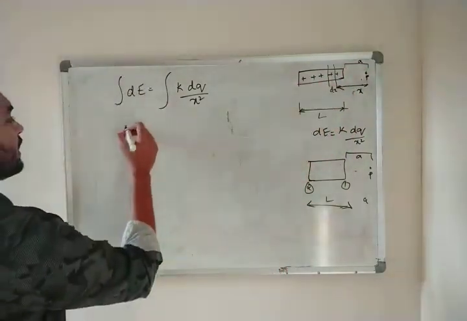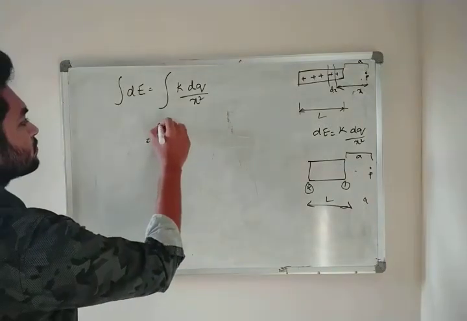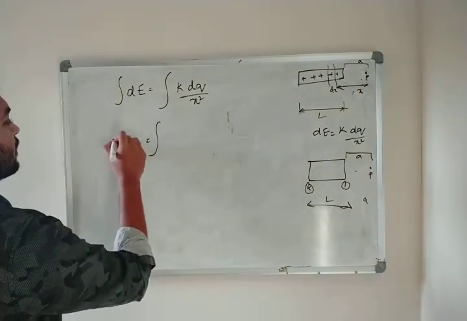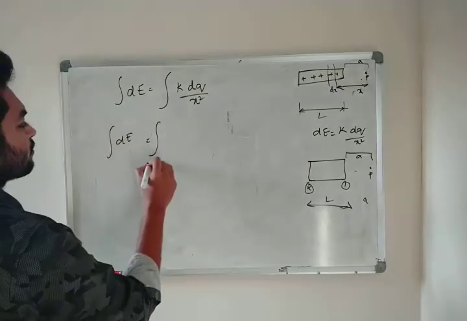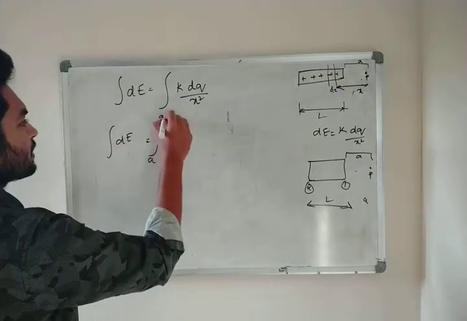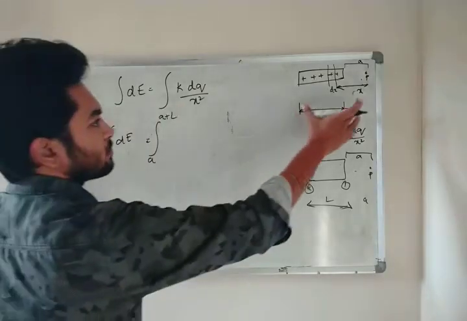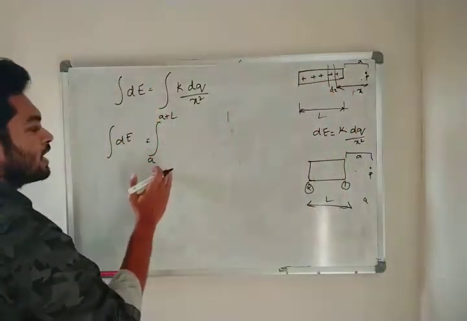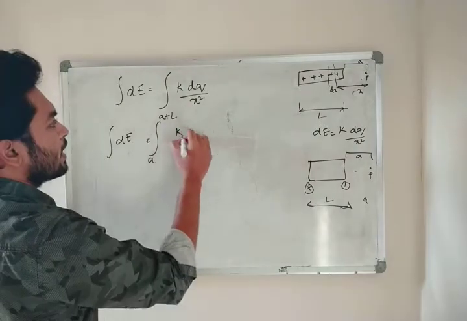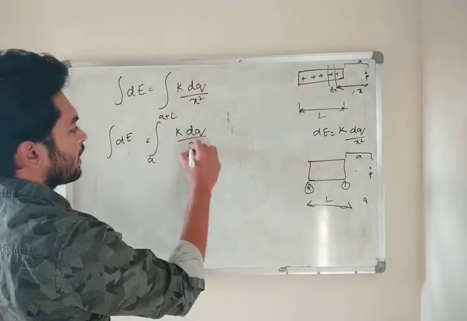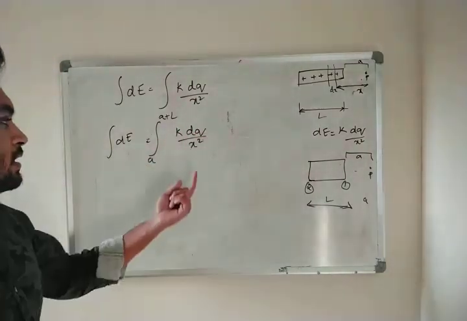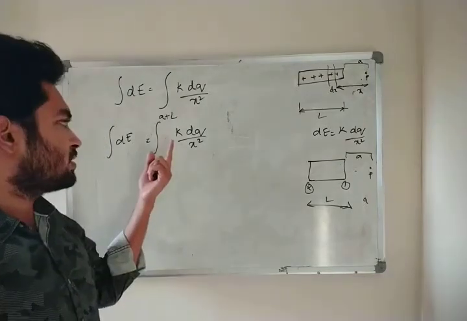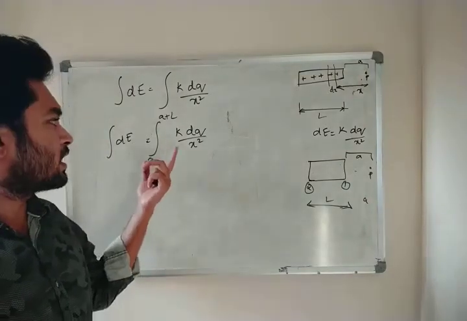So integral dE is equal to the integral from A to A plus L, for the total length. I want the electric field of the total rod, so I am considering A to A plus L, k dq by x square. Here k is a constant, which you already know.